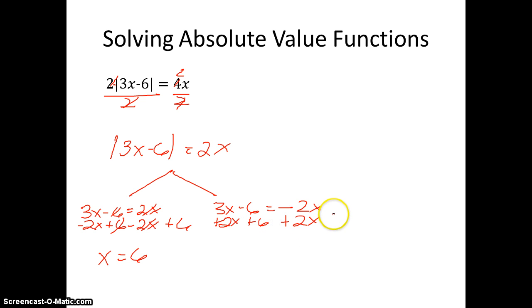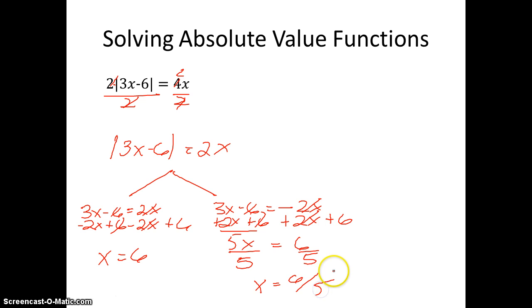Or is it really an extra step? So these cancel. These cancel. What do I have left? 5x equals 6. So I need to get x by itself. 5 times x, so I have to divide by 5. And so I get x equals 6 over 5.